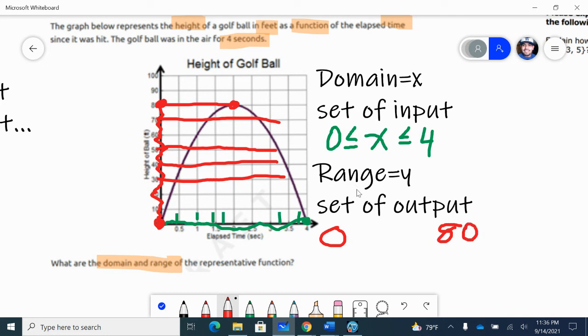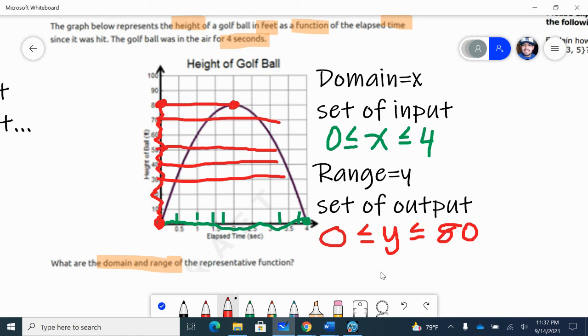Now again, range is a set of outputs. I don't know how you had it on your test. You can have the letter Y, and again, because 0 and 80 are part of the graph, notice how it's solid dots. I have this because my y is between any of these values.